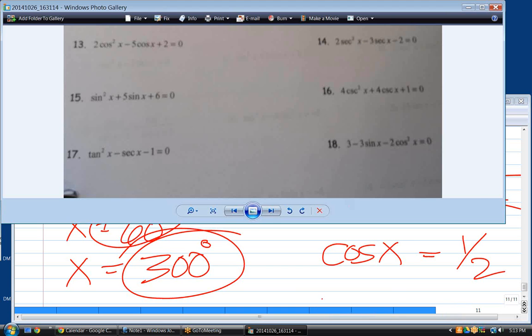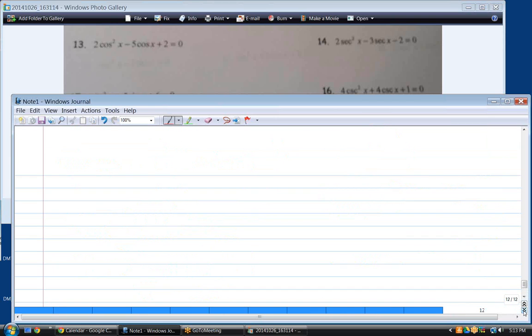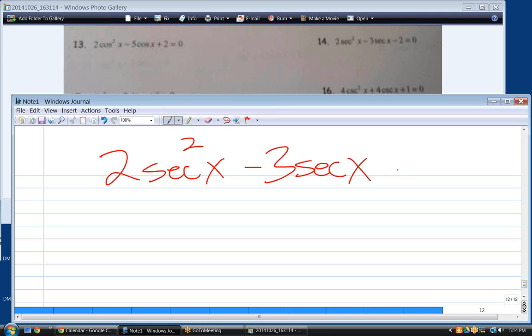Oh, actually, it does factor a little different. Let's just factor it. Yeah, we can do this one. I just mainly wanted to skip ahead to some harder ones, and these are a little harder. Factor that. 2 secant, and then secant.